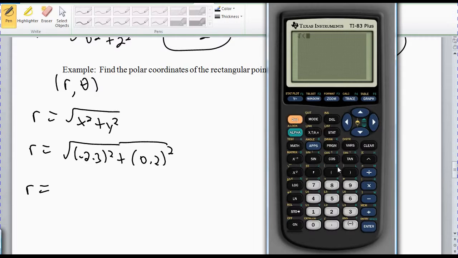So second square root, then two parentheses beginning, negative 2.3 close squared plus parentheses 0.2 close squared, and then close again, and we get, looks like 2.31.